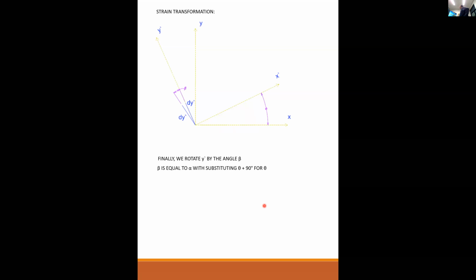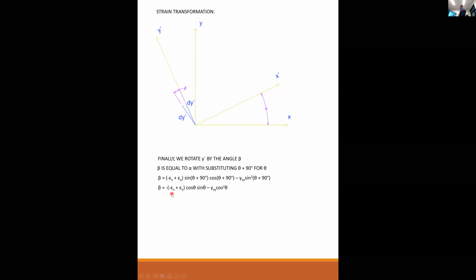Okay. So beta is equal to alpha with substitution of theta plus 90 for theta. So beta is equal to minus epsilon x plus epsilon y sine of theta plus 90 cosine theta plus 90 minus gamma xy sine squared theta plus 90. And then of course, theta plus 90s simplify.